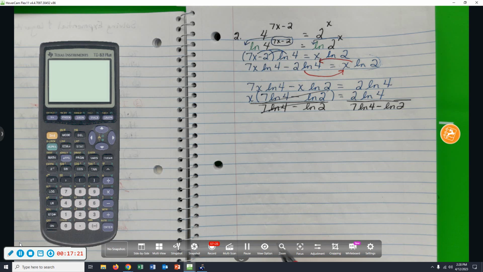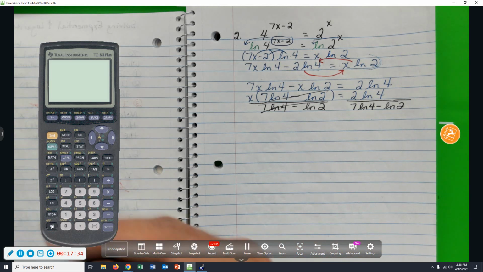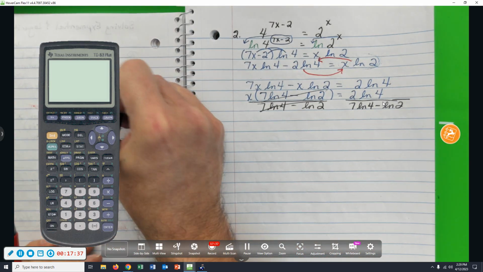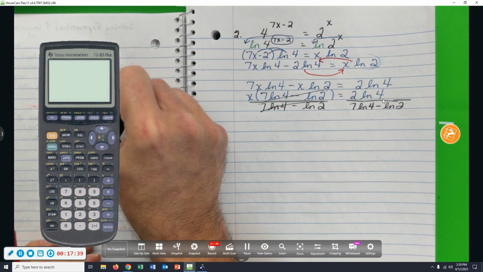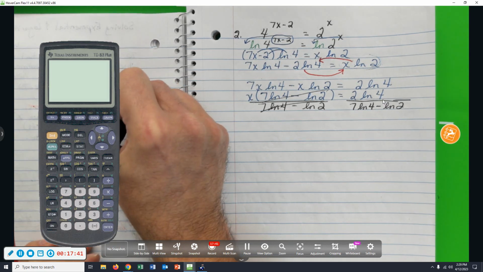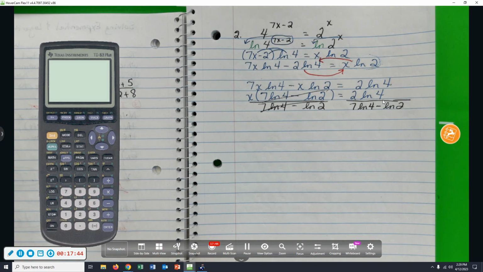And now we have to punch this in. How do we punch this in to a calculator? If you have a fraction that you're trying to punch into a calculator and it involves anything other than the operation division, something divided by something, then you're going to have to assume parentheses around the numerator and the denominator.